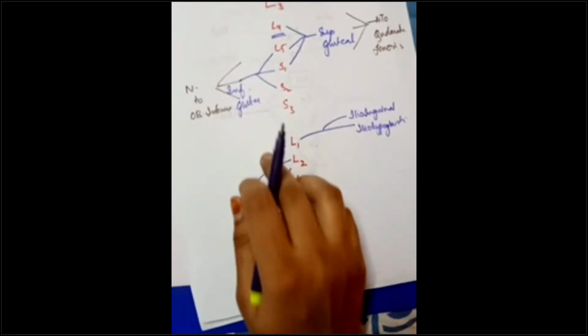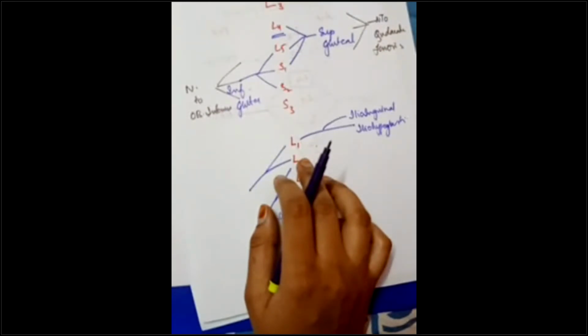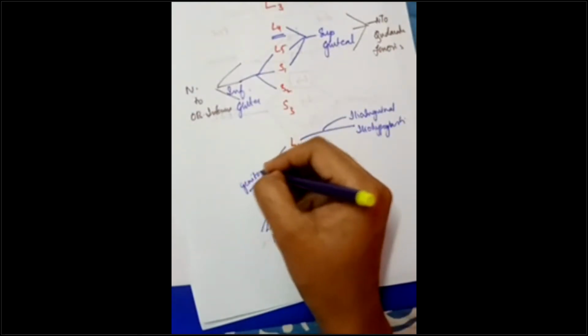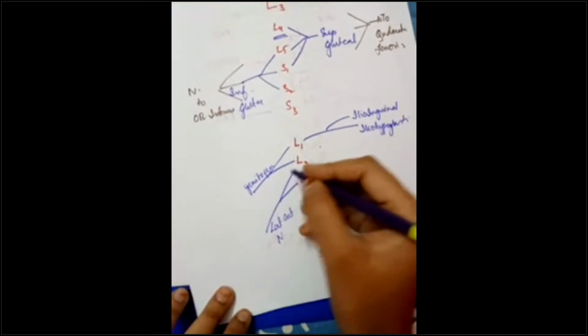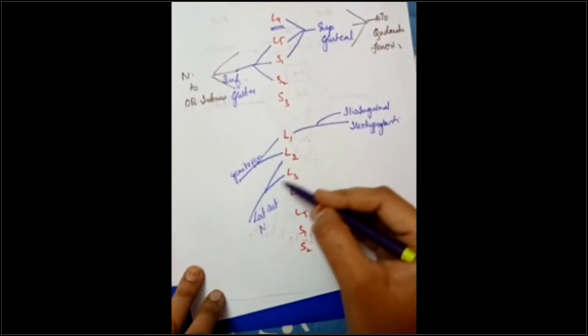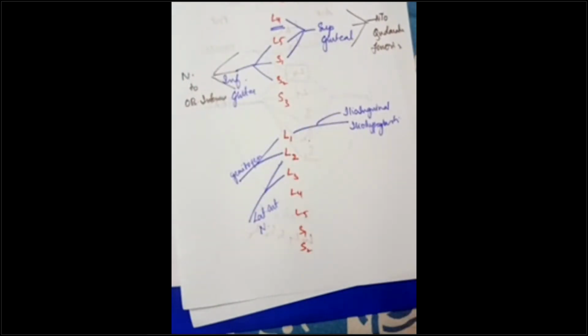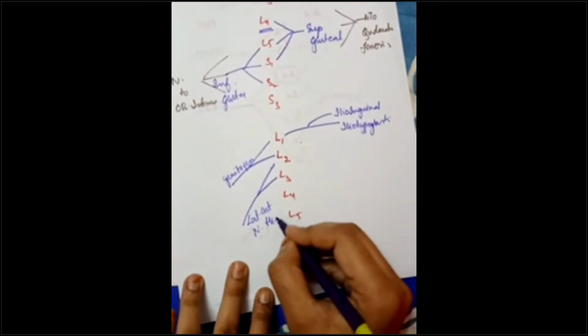I forgot this upper one. Right, genitofemoral nerve. L1, L2 genitofemoral nerve. L2, L3 lateral cutaneous nerve of thigh. Till here you are done.